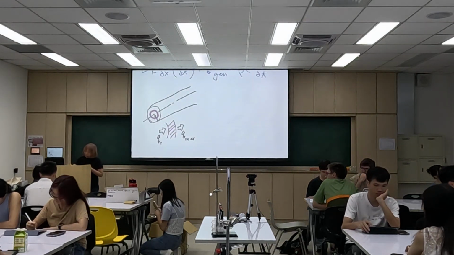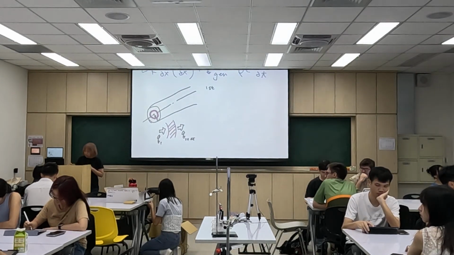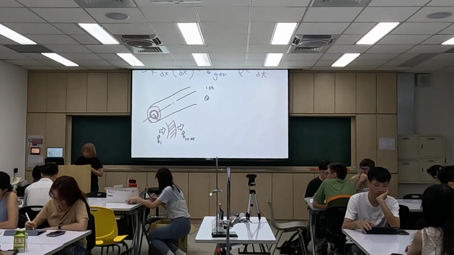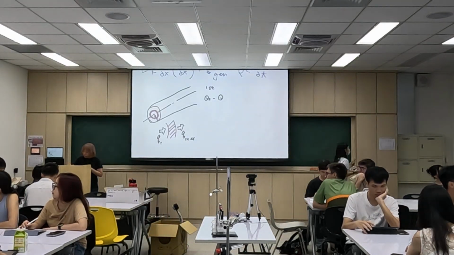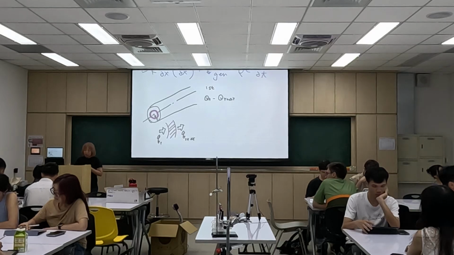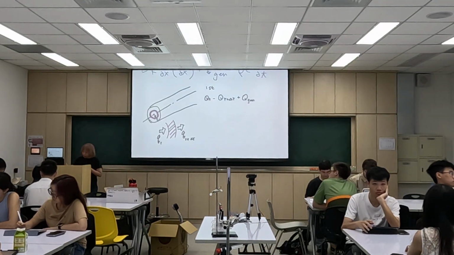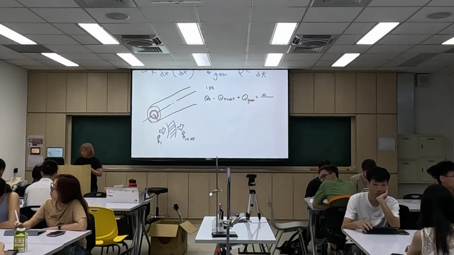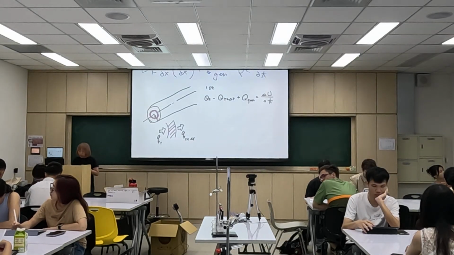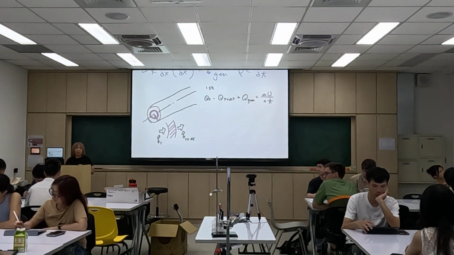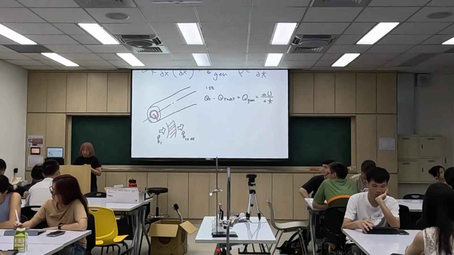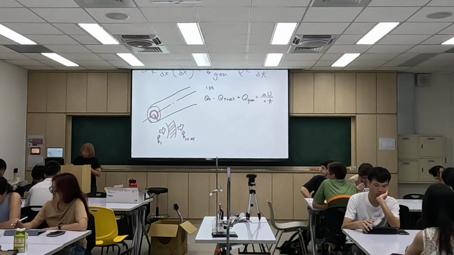situation. So we take the first law again: Qr minus Q(r plus delta r) plus the heat generated will equal to how the system's internal energy changes along the time. Okay, this is the same one.